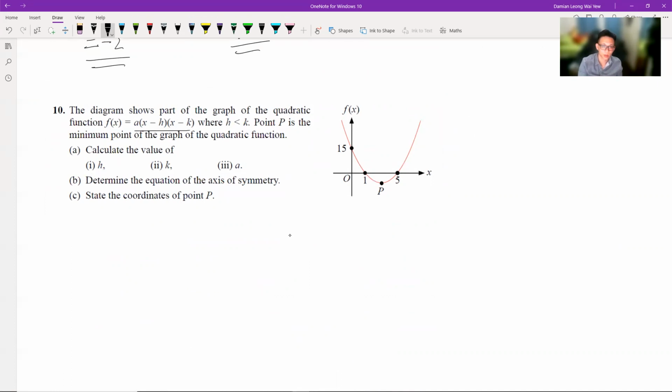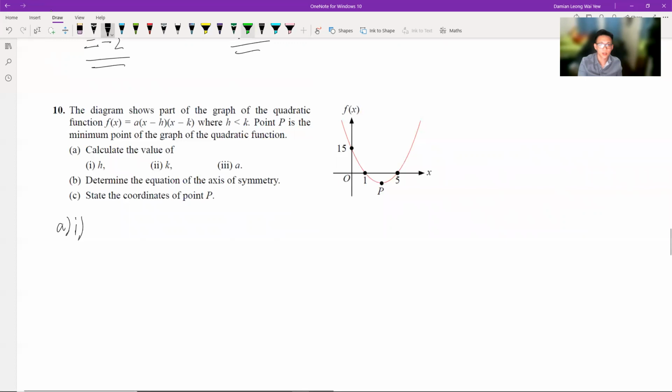When this whole thing is 0, a cannot be 0, so it's either this is 0 or this is 0. Then I get x equals h and x equals k. Means h and k are the roots of the function. The roots here are 1 and 5, so h and k are 1 and 5.